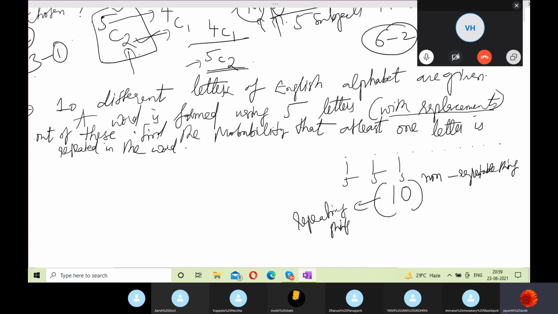Correct or wrong? Yes, sir. So 1, 2, 3, 4. There are 10 letters, and a word is formed using 5 letters. So in this 5 letter word, this can also come. So in this way, we can say 10 power 5 ways.